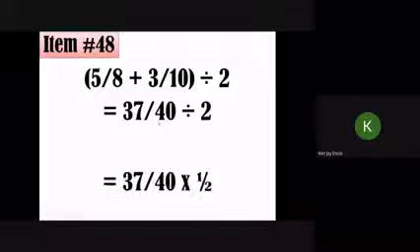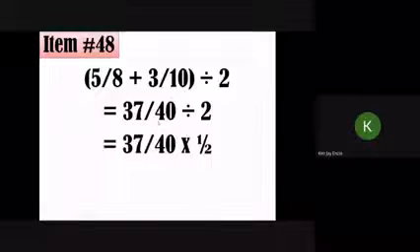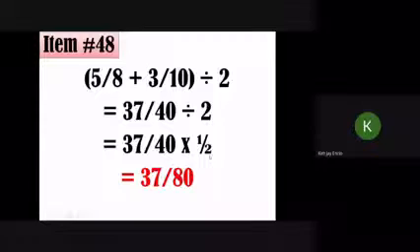And if you divide by 2, you multiply by 1/2. And that's 37/40 times 1/2. So you multiply numerator to numerator, 37 times 1 is 37, and denominator to denominator, 40 times 2, which is 80. So the correct answer here is 37/80.